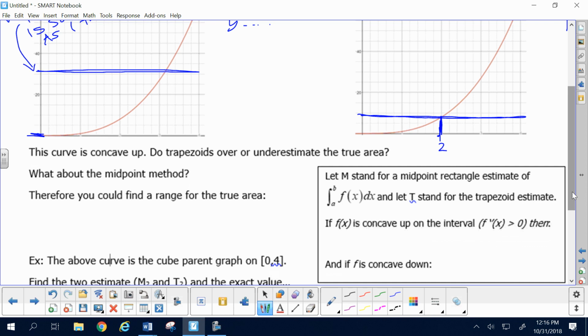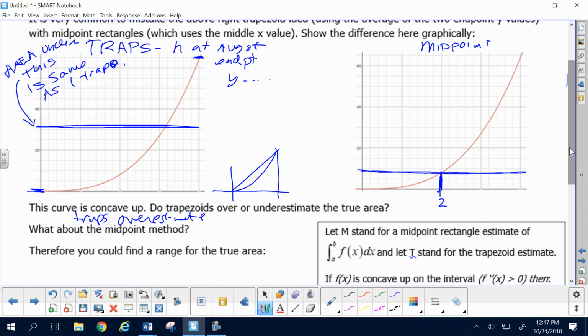Do trapezoids over or underestimate the true area? When you do a trapezoid, go back to a picture of the trapezoid. When it's concave up, it's an overestimate. Trapezoids will overestimate. All right, now look at the midpoint. Will the midpoint overestimate or underestimate the area under the red?